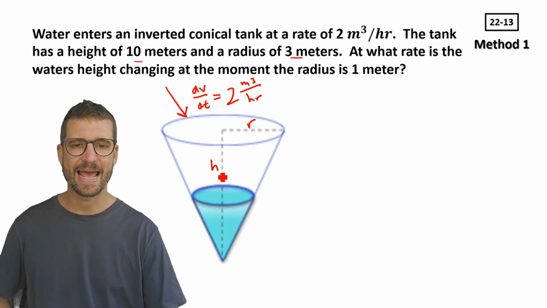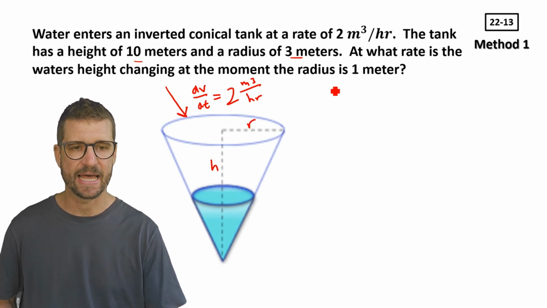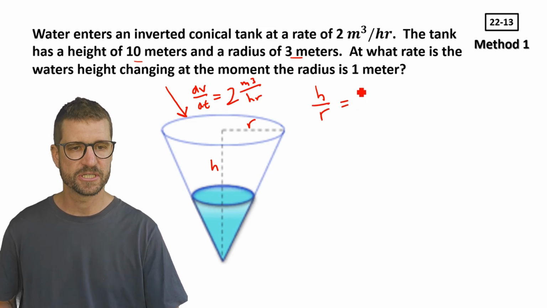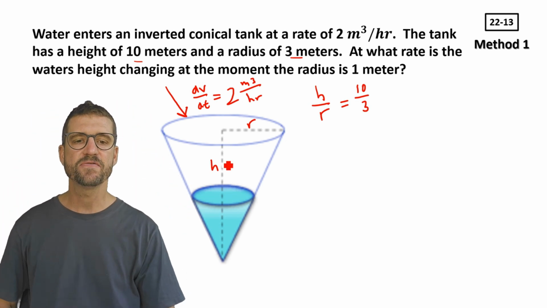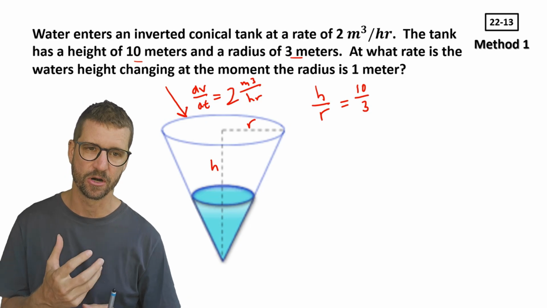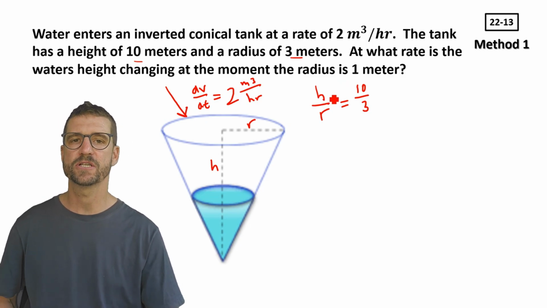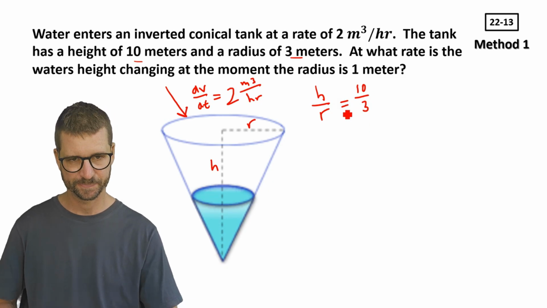If the tank was full, we could clearly see that the ratio of H to R equals 10 to 3. Of course, as the water falls, each of the cones within that bigger cone would be similar, so this would always hold true. H to R would always be 10 to 3.